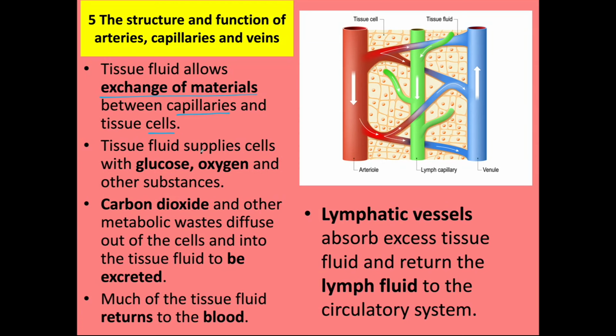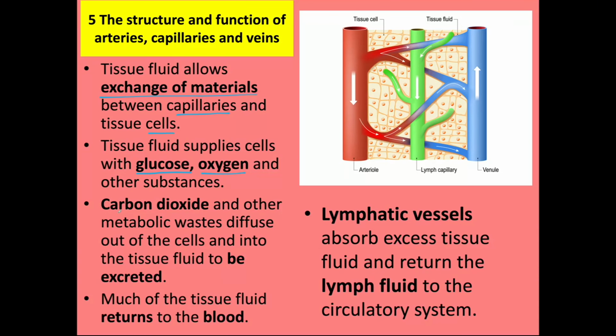The tissue fluid supplies lots of things to the cells, but the most important ones are glucose and oxygen, which are needed for aerobic respiration, but other substances as well, like amino acids for protein synthesis, or fatty acids and glycerol, which we get from the breakdown of fats. All of these things need to be supplied to cells, and the tissue fluid acts as that medium between the capillaries and the cells to allow that exchange to happen.